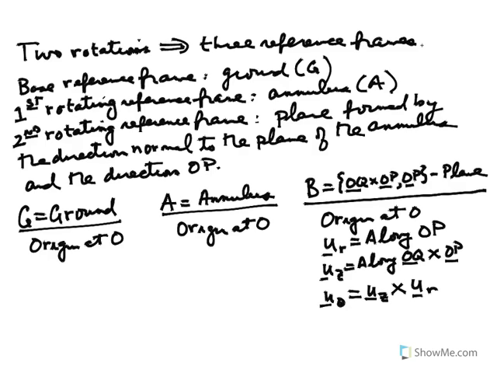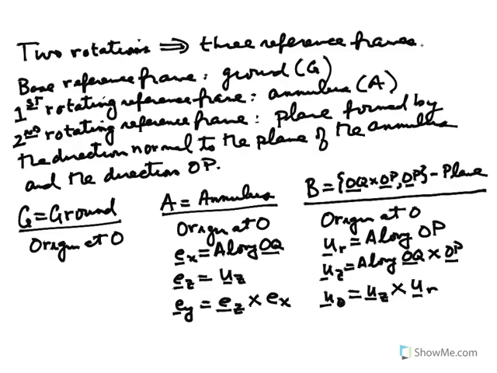The coordinates that are fixed to the annulus, EX is going to be along OQ, then EZ is going to be the same as UZ, and then EY is going to equal EZ crossed with EX.